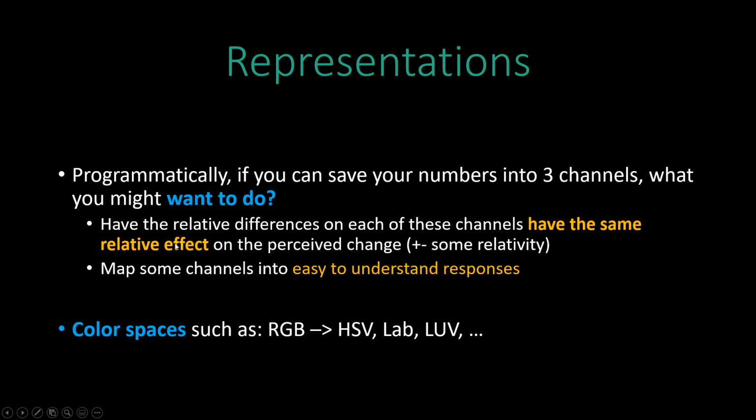We would like changes in one direction to be intuitively understandable as a change in another direction as well. Some types of models work with this. We would also like to map some of these channels, instead of RGB, into some easy to understand responses. So yeah, let me illustrate it with these examples.